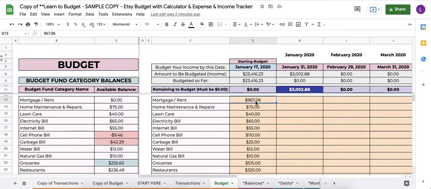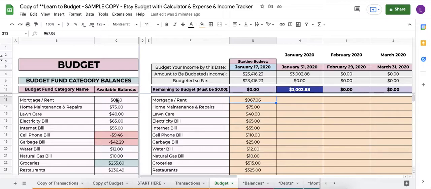So, like we've already talked about, for all time, since I've only been using this budget for 2 weeks, I've assigned a grand total of $967.06 towards my mortgage. In that time, I've spent $967.06 on my mortgage, which means I now have $0 left to spend on my mortgage and rent.